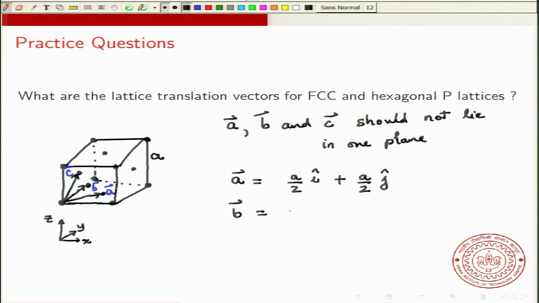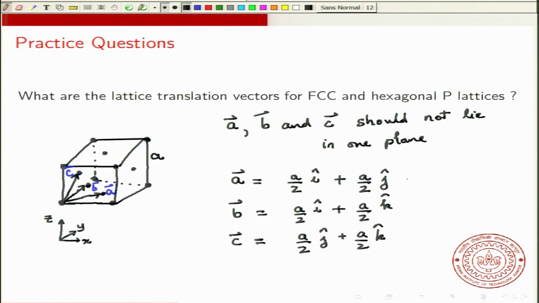B is on the front face of this cube, so it is a/2 i plus a/2 k, and C is a/2 j plus a/2 k. If you take these 3, you will get a unit cell that does not look like the conventional cell of FCC.